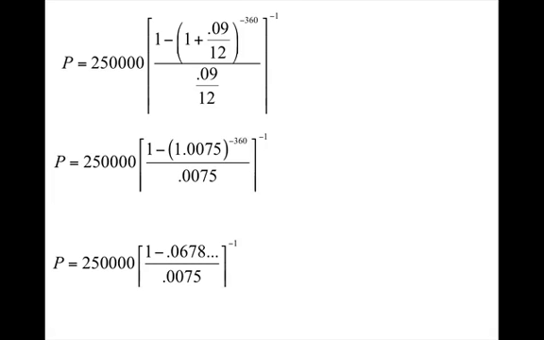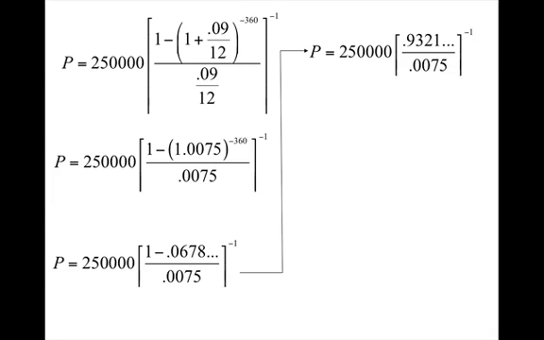However you want to work this would be fine. When I raised the 1.0075 to the negative 360th power, I got 0.0678. Then make that negative and add 1, and you get 0.9321.